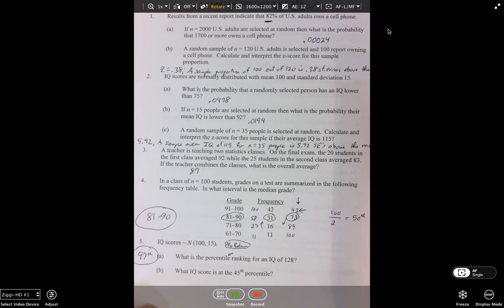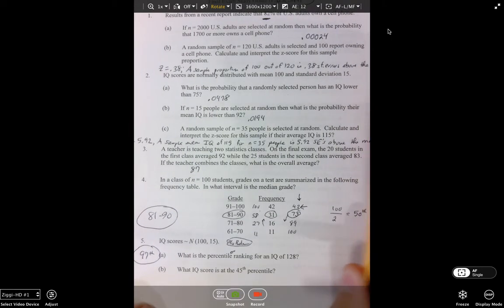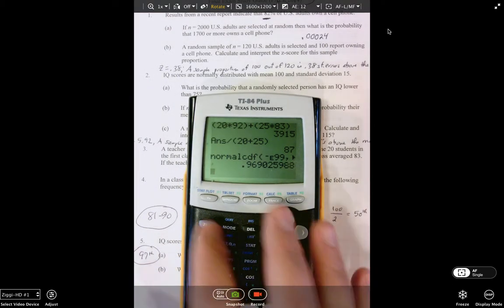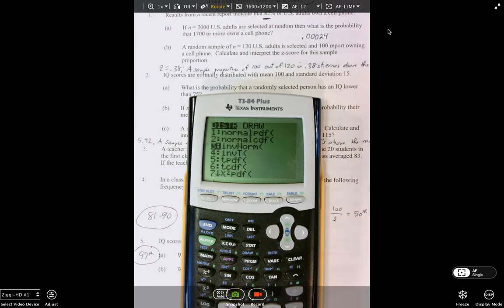percentile. What IQ is located at the 45th percentile? Well, guys, it's not asking you to find something that starts with a P. It's asking you to find a score given a certain characteristic, namely at the 45th percentile. Well, guys, inverse norm requires percent below as a decimal.